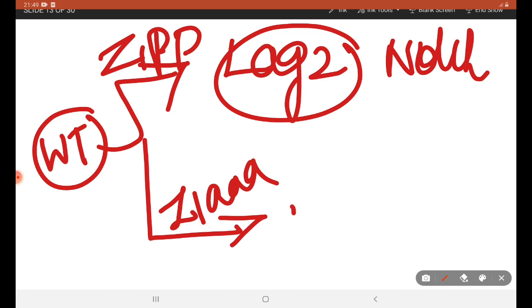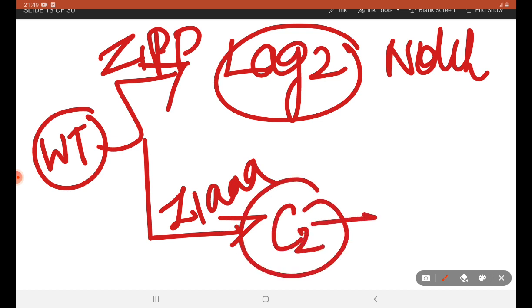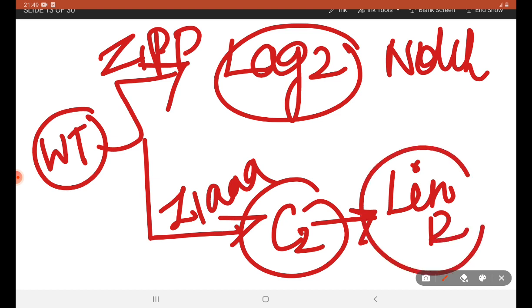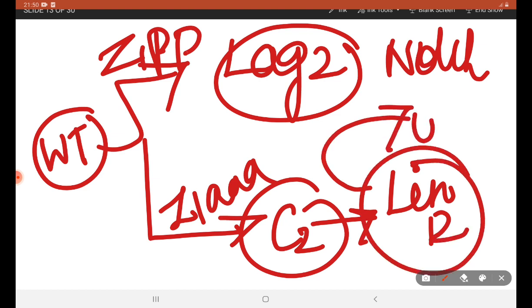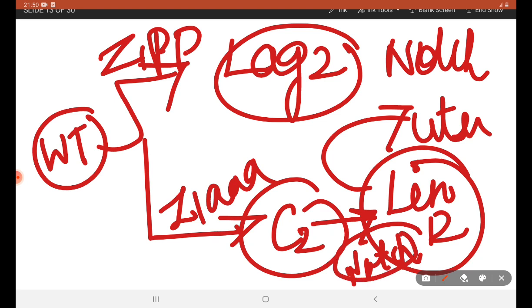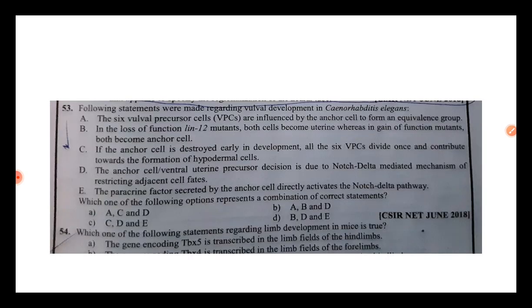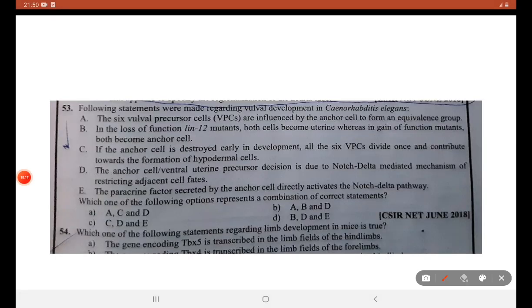Z1.aaa forms LIN-12. It gives rise to uterine, and they have Notch. Notch is a receptor. So A is the right answer.